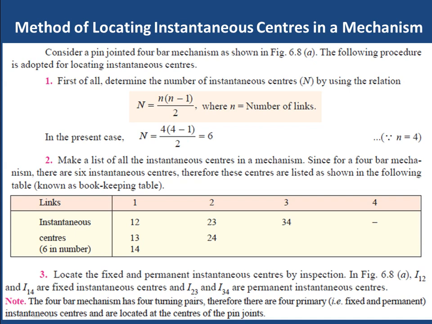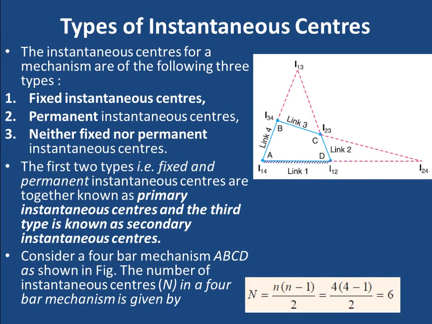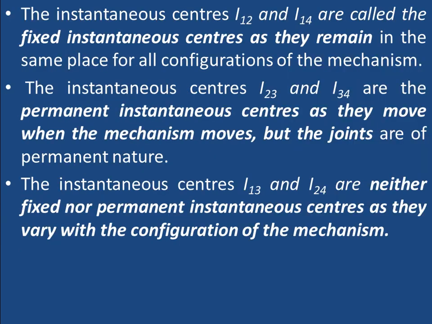Next, the third step is to locate the fixed and permanent I centers, that is by inspection. I consider instantaneous center as I only. In this, I12 and I14 are the fixed instantaneous centers, as you can see in this figure, and I23 and I34 are the permanent instantaneous centers that are also available on the mechanism.